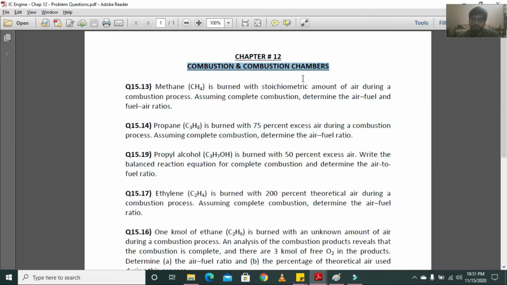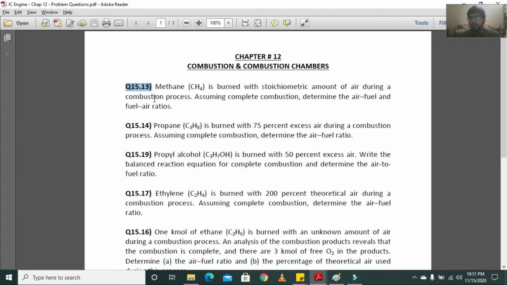Starting off with the first question: in the book which we are following, the chapter number is 12 for combustion and combustion chambers, but here the numerical questions are question numbers 15.13 and 15.14.